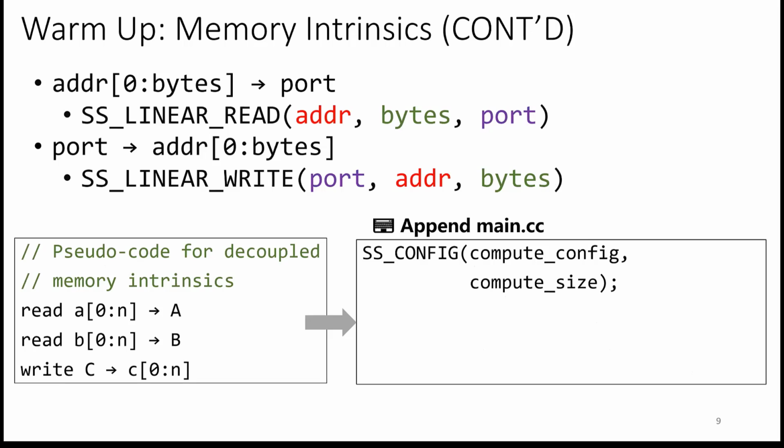So you can just plug these numbers into this intrinsic. The port numbers are the macros defined in the compute.dfg.h.